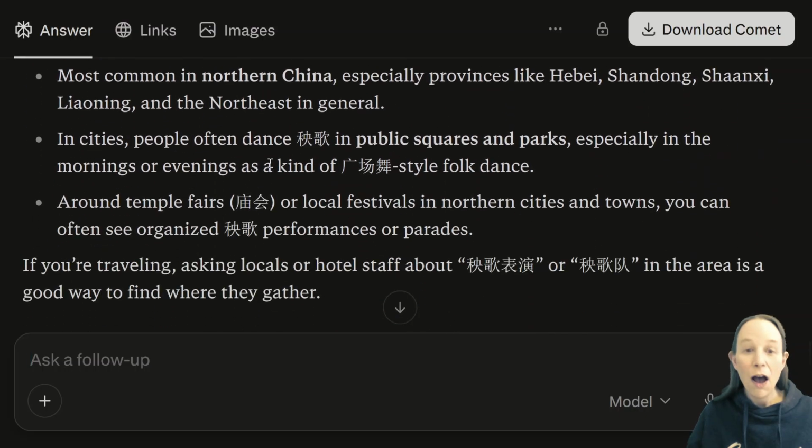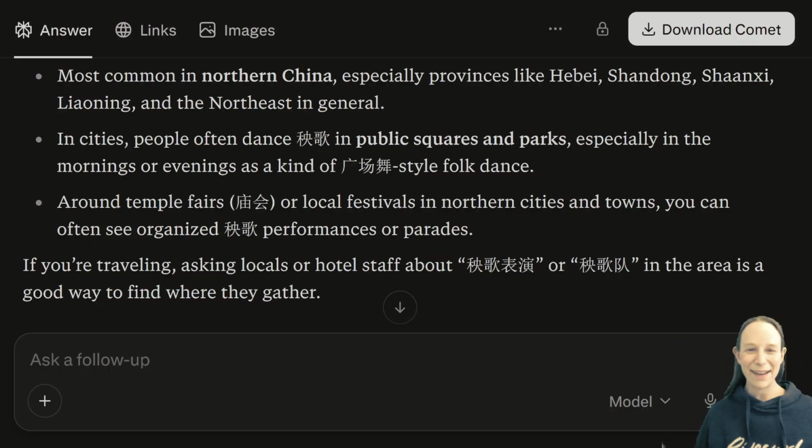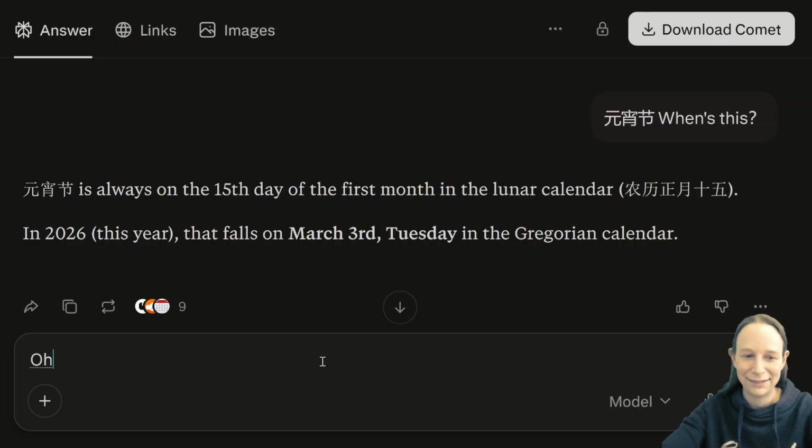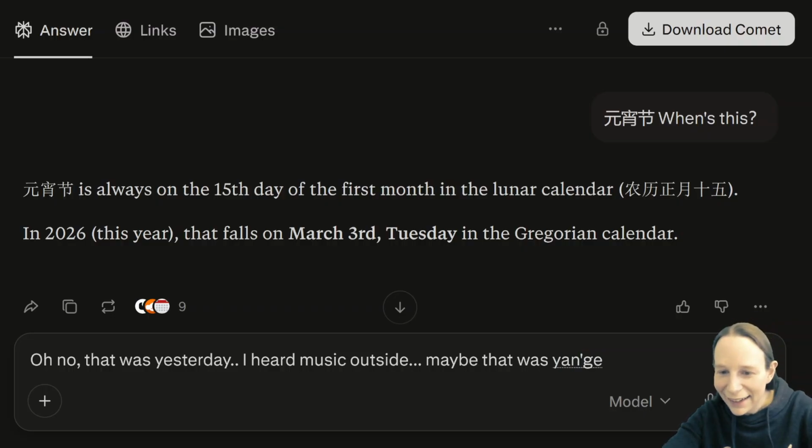Oh, that explains why I heard all this music outside yesterday. Did I just miss the Yangge? I was just in my room studying and I heard music outside, and I was like, oh, maybe there's Yangge. That was yesterday.